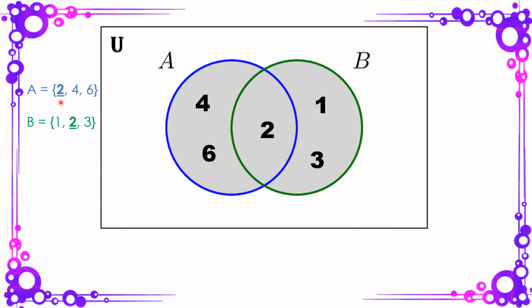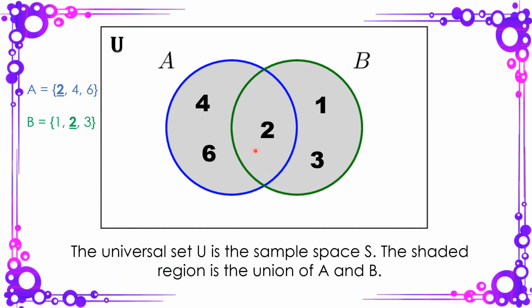For letter A we have 2, same with letter B we have 2, so we write it in the middle part, the overlapping part of the circles. The universal set U is the sample space S, and the shaded region, the color gray, inside the circles is the union of A and B.